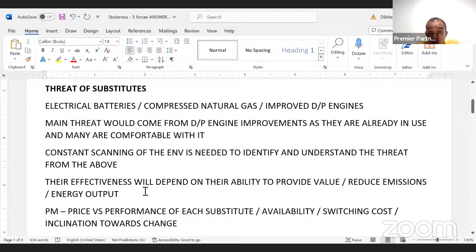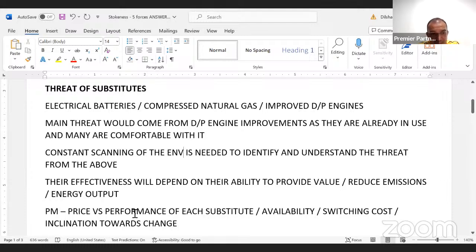The effectiveness will depend on the ability to provide value, reduce emission, and energy output. So to what extent they will become successful will depend on value provision, emission reduction, and energy output. I mean, if you can't run much more than fuel, then no point.